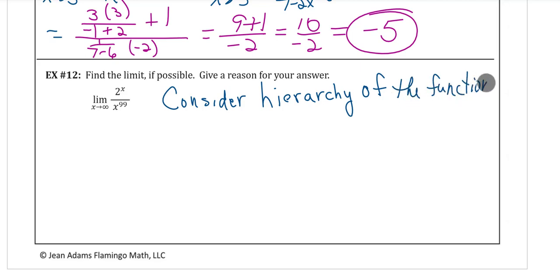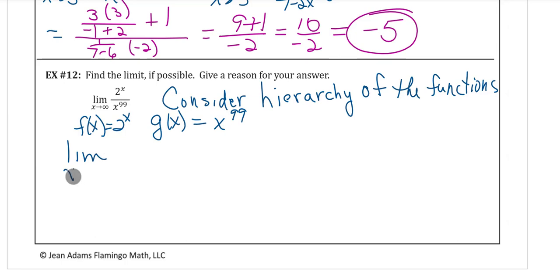Okay. So our two functions are 2 to the x, we'll let that be f of x, and g of x is going to be x to the 99 power. So what we want to notice is the limit as x approaches infinity of our f of x is going to be infinity, because that's an exponential growth function.